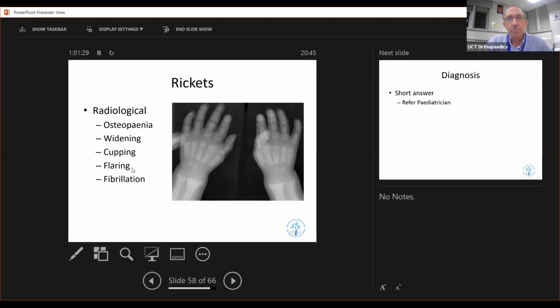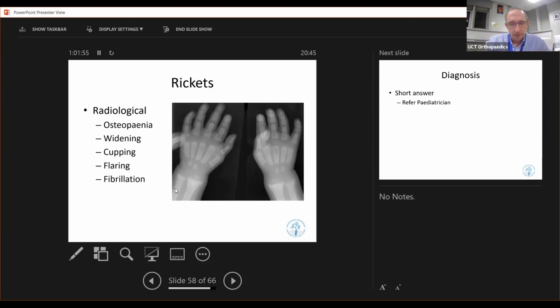The radiological picture of Rickets is osteopenia. And I've said this before, be careful and just look at this X-ray. Be careful of looking at it at a glance and saying, well, those bones look quite white and hard.